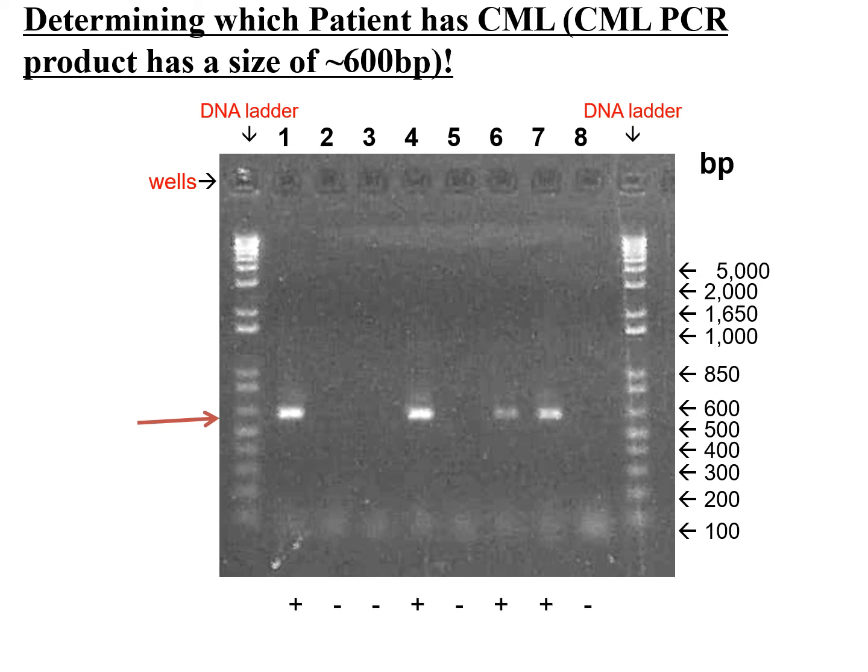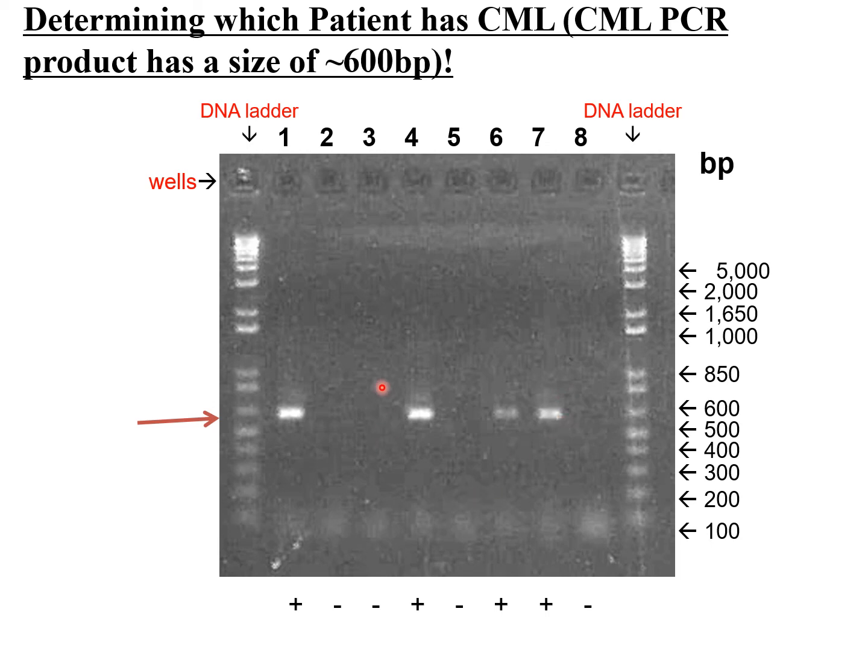Yes, so you can see here, guys, patient number 1 is positive, patient number 4 is positive for leukemia, patient number 7 and patient number 6, I would think so, but I might have to do it again. But for sure, patient number 1, patient number 4, and patient number 7. Okay.